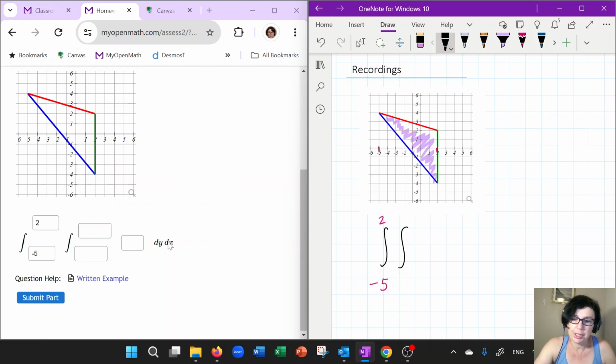Now, think of yourself as being inside this triangle, right? This is you. Imagine this is some kind of weird house, and this is your house. What is your floor? So the floor is your blue line, right? And what is the equation of that blue line? So we need to figure that out. Well, the equation of a blue line, we want to write it as y equals, so look at the slope, which is rise over run.